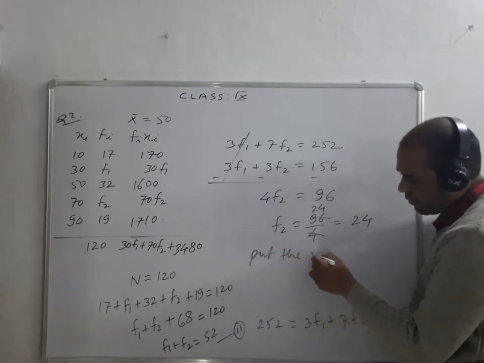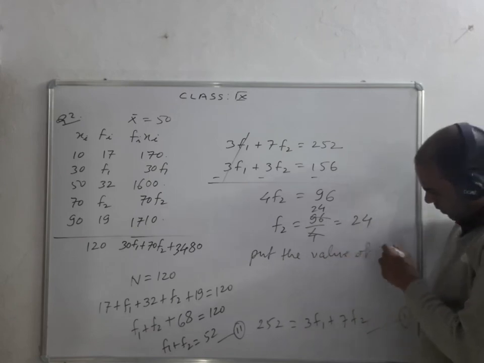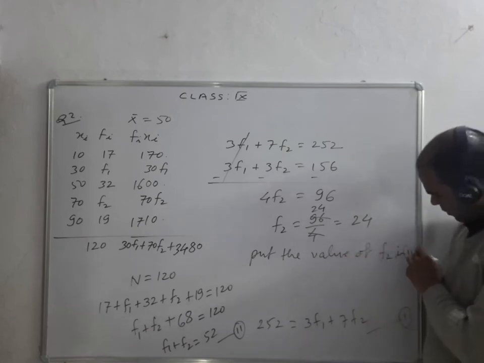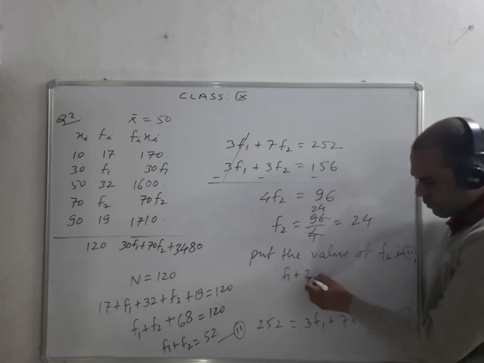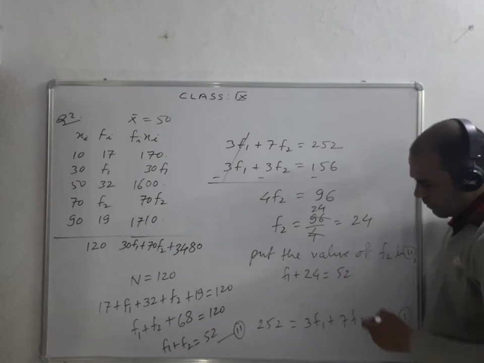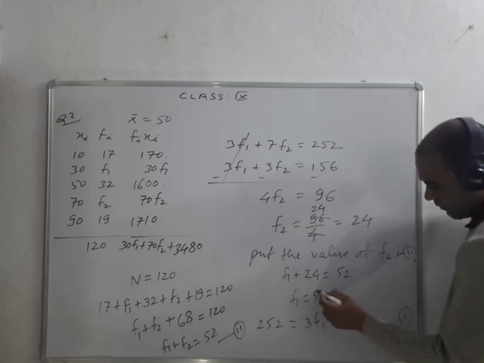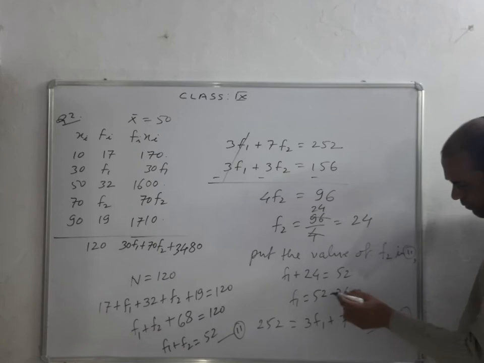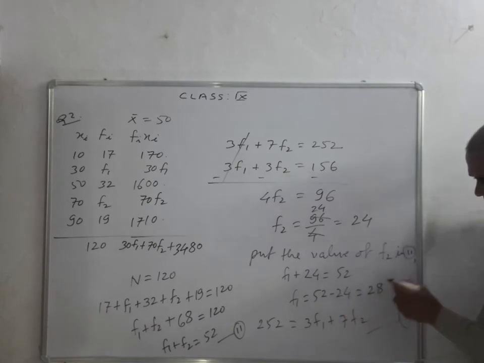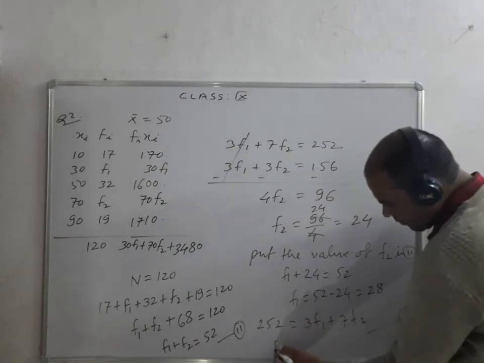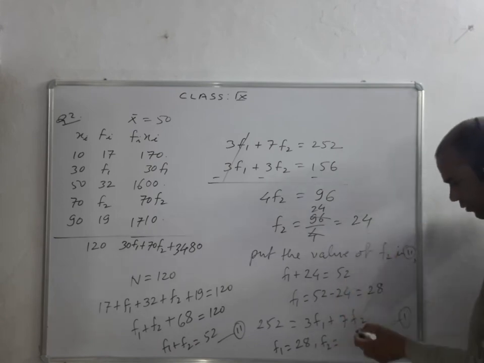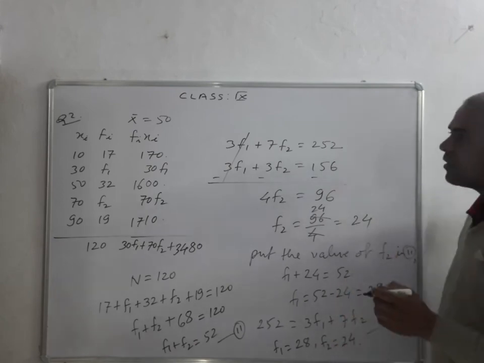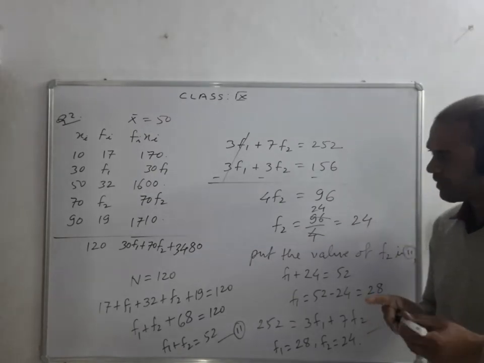F1 plus 24 equal to 52 and f1 equal to 52 minus 24, that is 28. So finally f1 is 28 and f2 equal to 24. These are the unknown terms in the frequency.